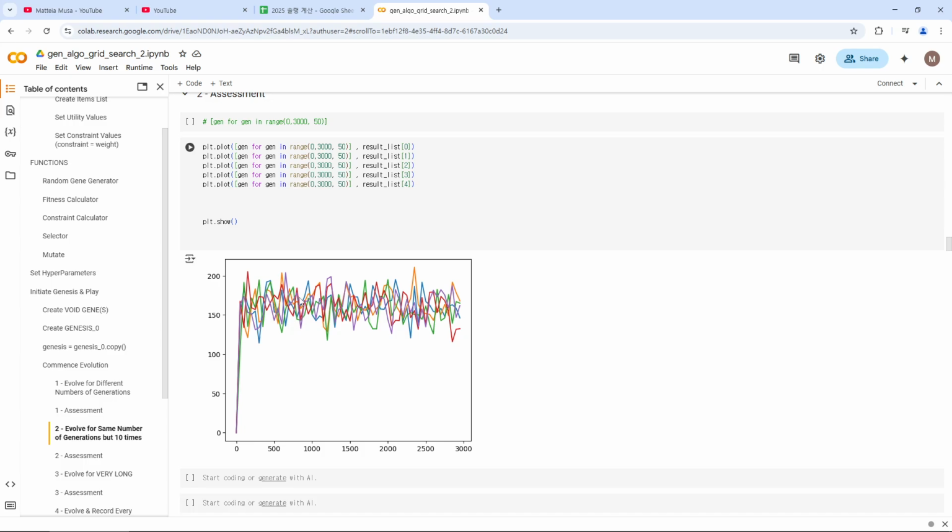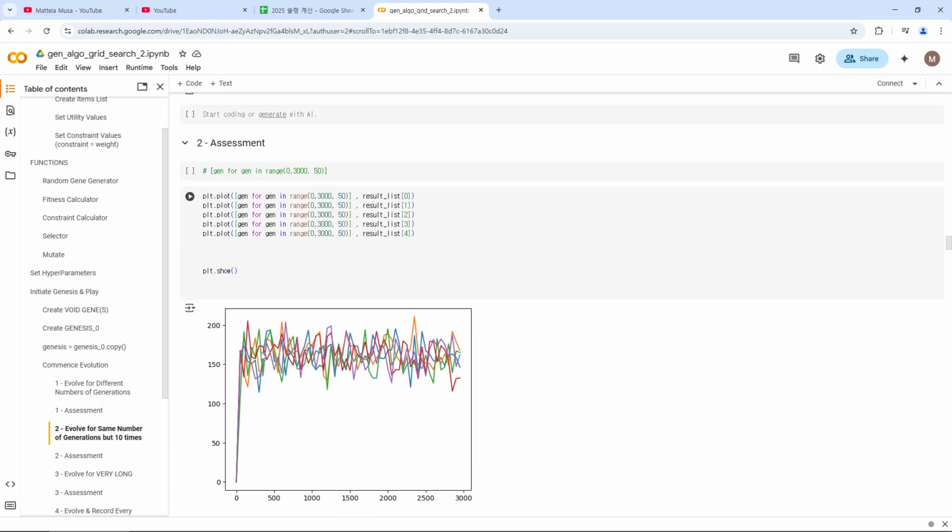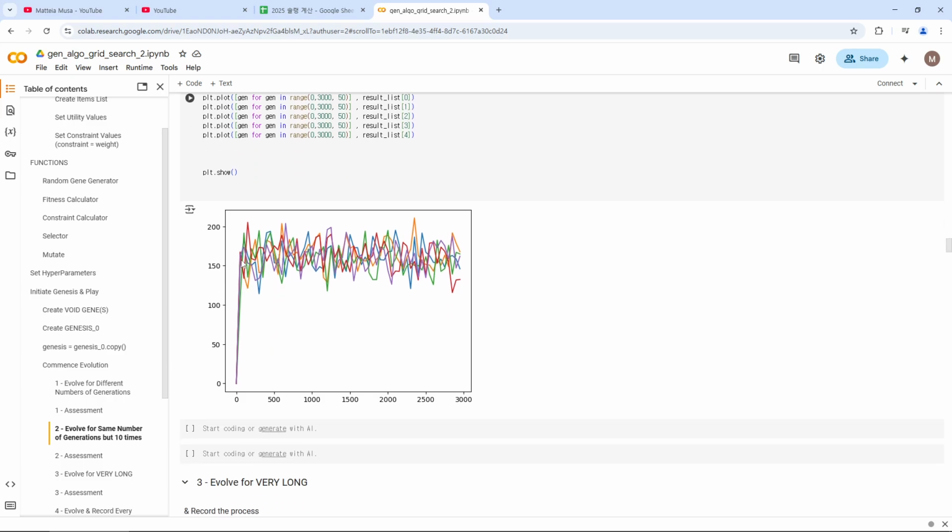I think this is for a different number of entities in the population, but the point is it's still nowhere near what it used to be, which could mean that if the population size is small and is kept that way, not enough mutation happens, and because we're starting with void genes, if there isn't enough mutation, it just means very little room for change for the better. Again, it's a very subjective word.